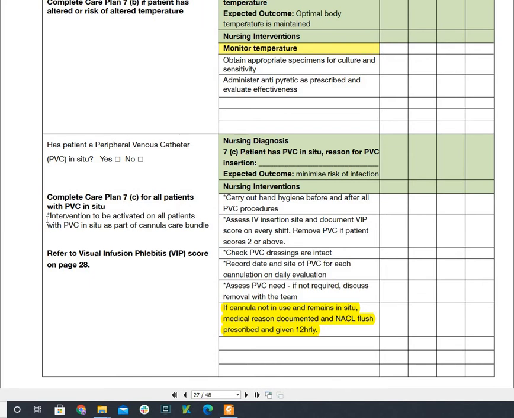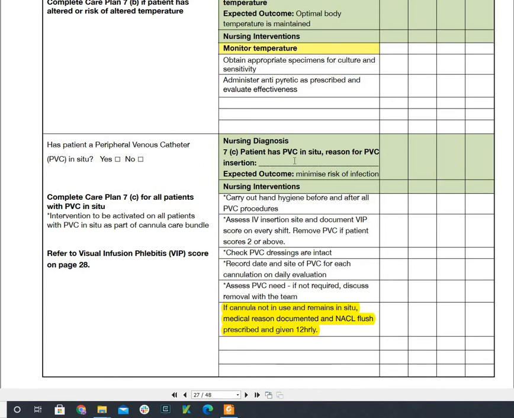And then just a little asterisk: intervention to be activated on all patients with PVC in situ as part of cannula care bundle. So that refers to these interventions over here, which have the asterisk beside it. It tells us here as well, refer to the visual infusion phlebitis VIP score on page 28, and I'll go through that shortly. We'll move over to the rest of our care plan.